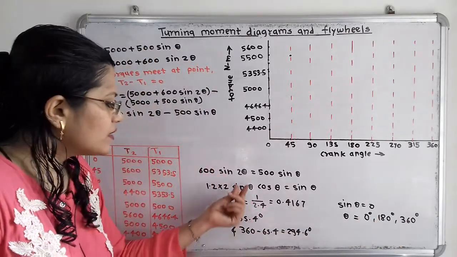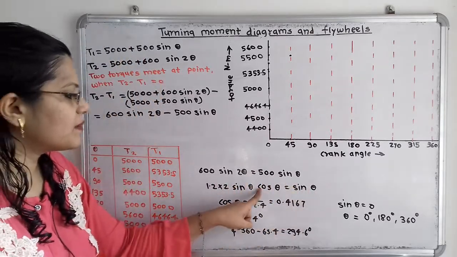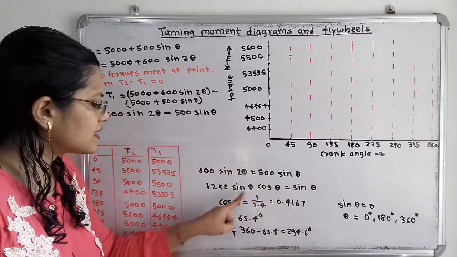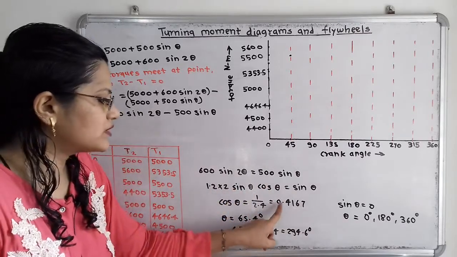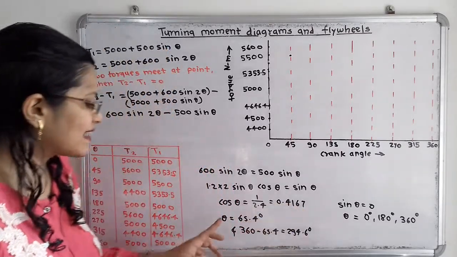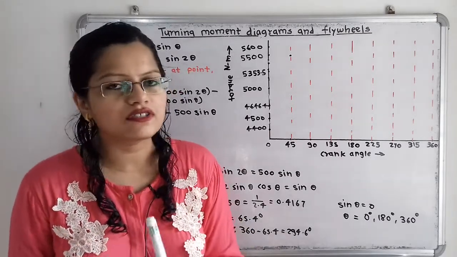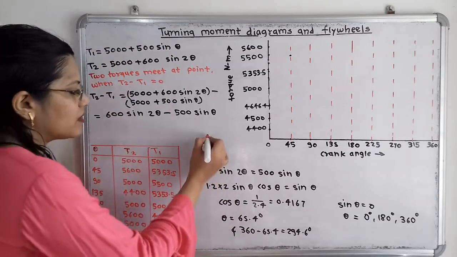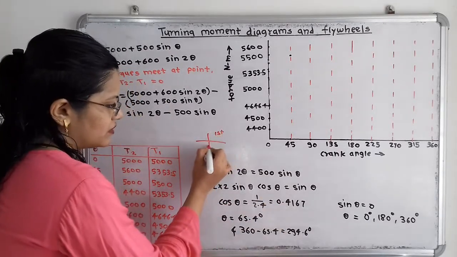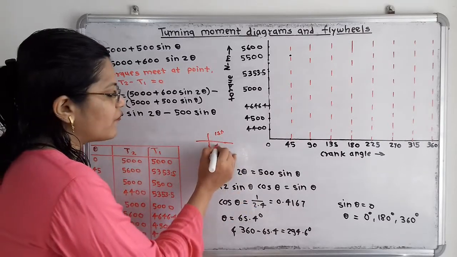And now in this case, if I shift sin theta to the right hand side, then sin theta by sin theta is equal to 1, and cos theta is equal to 1 divided by 2.4, which is equal to 0.4167. With the help of calculator we can calculate, and theta is equal to 65.4 degree, which is in the first quadrant. Now cos theta value is positive in the first quadrant, and it is also positive in the fourth quadrant.